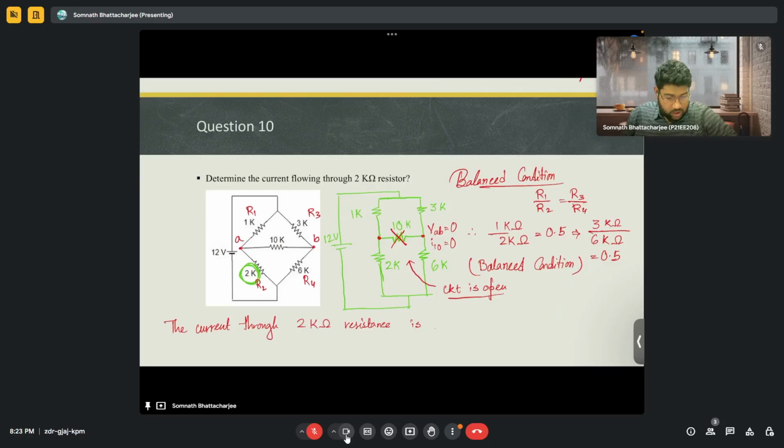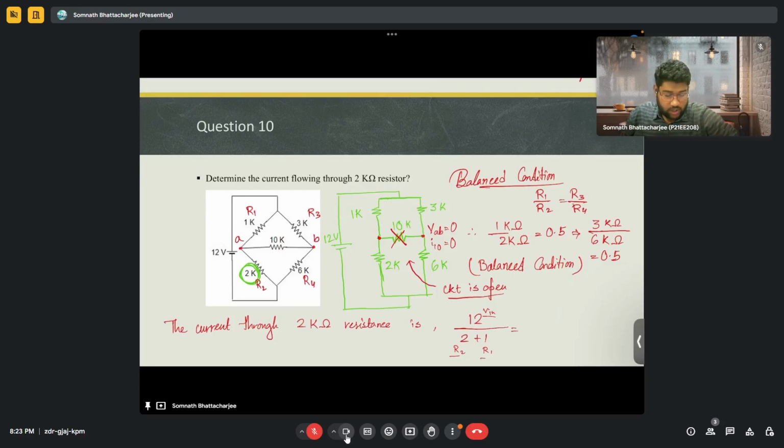Through Ohm's law we can know that this current is nothing but this, right? So this one is R2, this one is R1, and this one is V1, or let's say V in. Okay, so this is V in, R2 and R1.